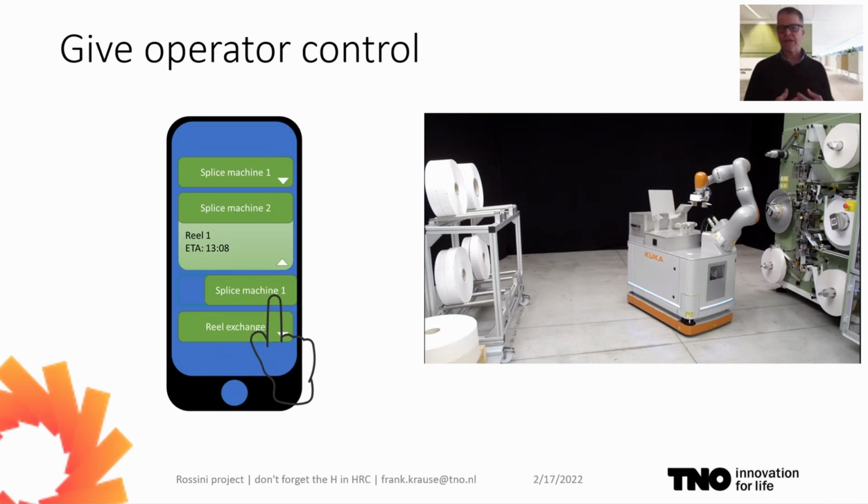The operator may receive a task from the system but not be ready to perform this task, and then the operator can tell the system, I'm not ready for this task, I decline the task, or I have done the task, I'm going to do the next task. So there's an ability to communicate with the system and to ask the robot to do certain tasks. Very important.